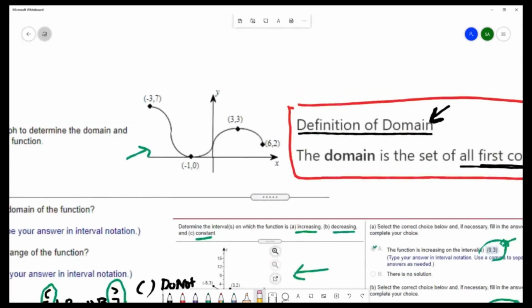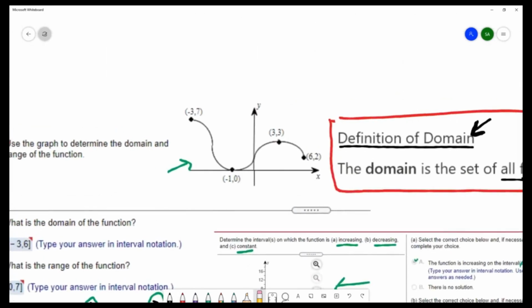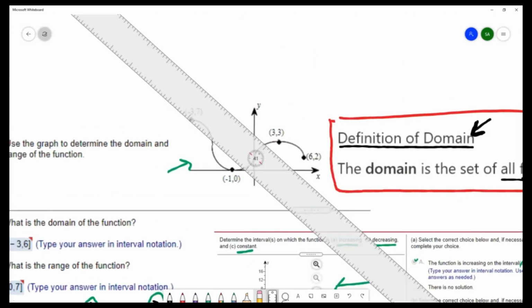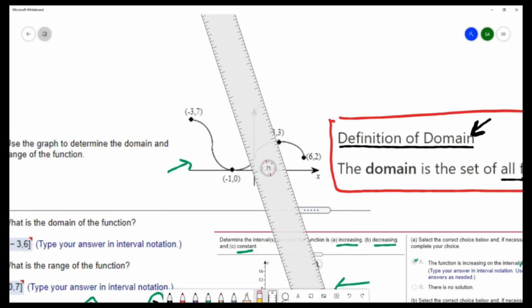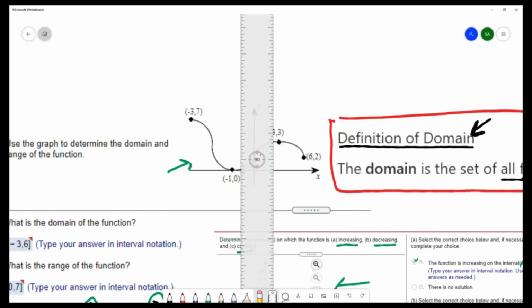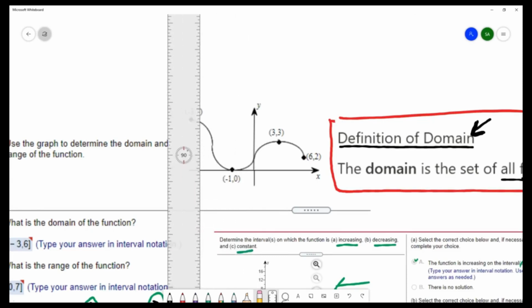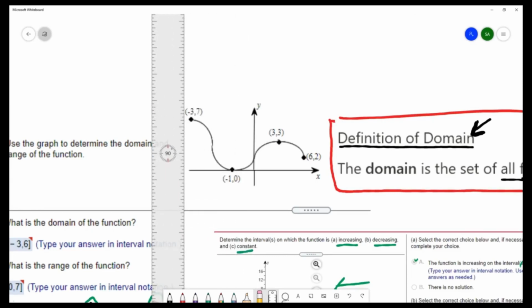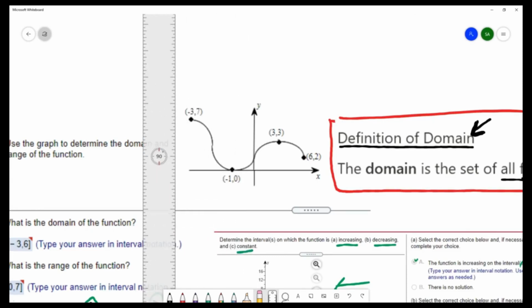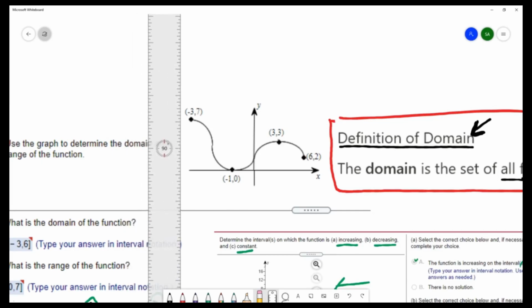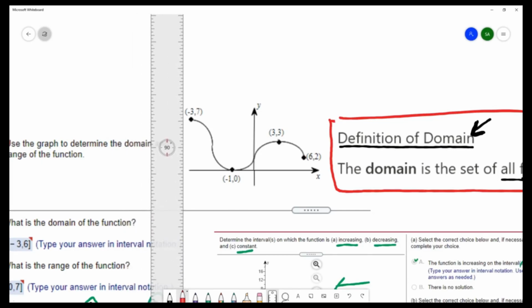So if I'm looking for the domain and range of a function, I'm going to use a pencil or a ruler, and I'm going to hold that ruler vertically to find the domain and horizontally to find the range. So when I hold it vertically, I am pointing to the x scale.